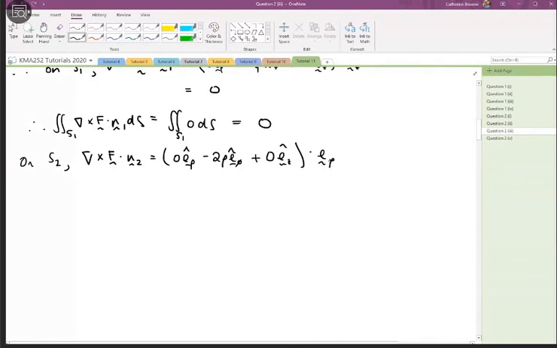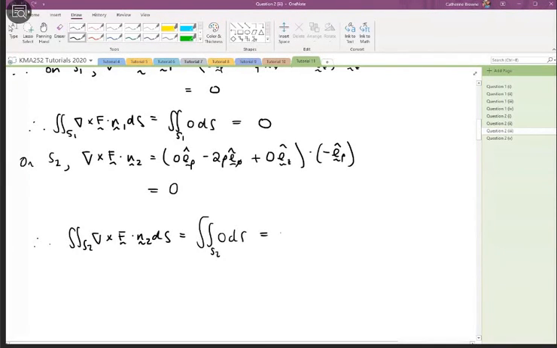Oh, sorry, that's a minus there. And that's still going to be equal to 0 because the only component of the curl that is non-zero is in the phi direction. So we just get 0 again.